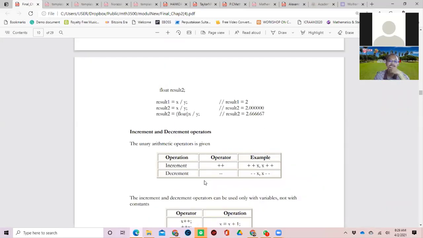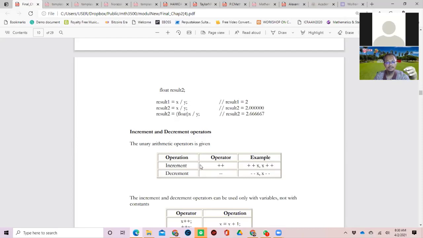Next, in C we have increment and decrement statements. Increment means we add one to the variable, and decrement means we decrease the variable by one.